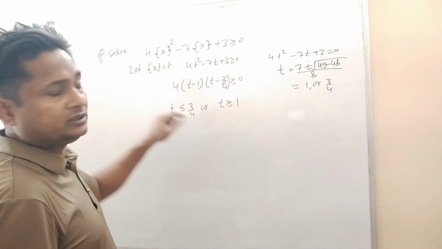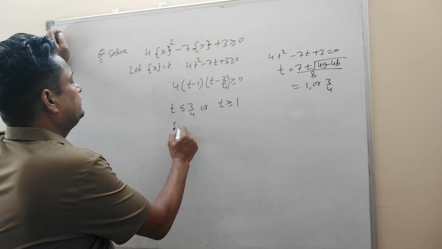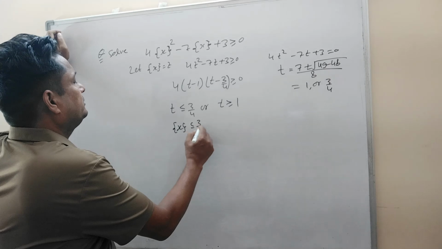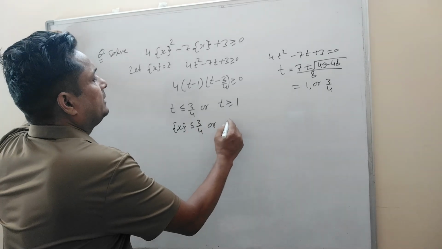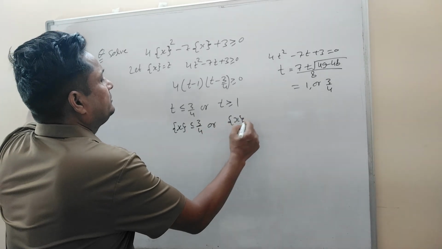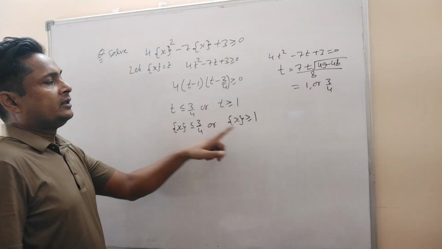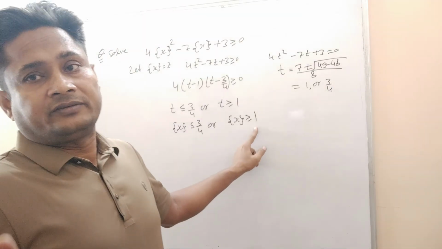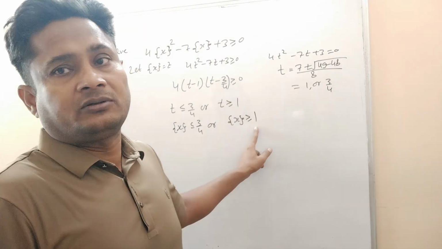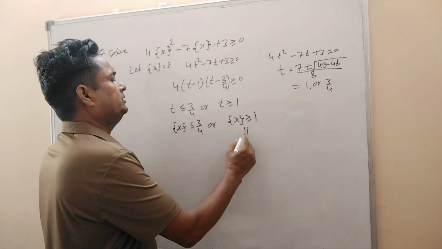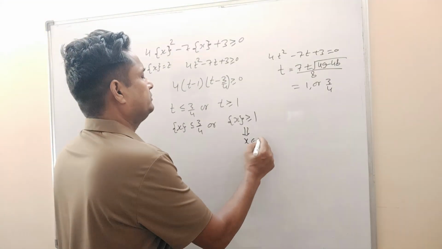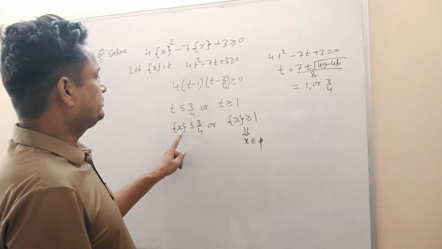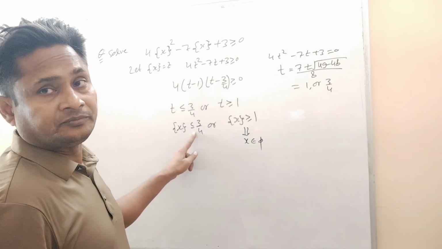Now substitute here {x}. So {x} is less than or equal to 3/4 or {x} greater than or equal to 1. The value of {x} cannot be greater than or equal to 1. So from here, we have to solve this interval.